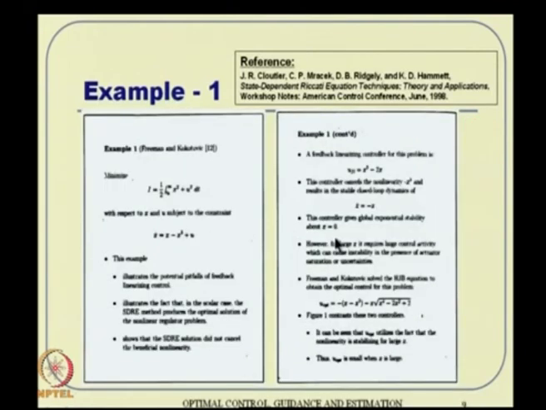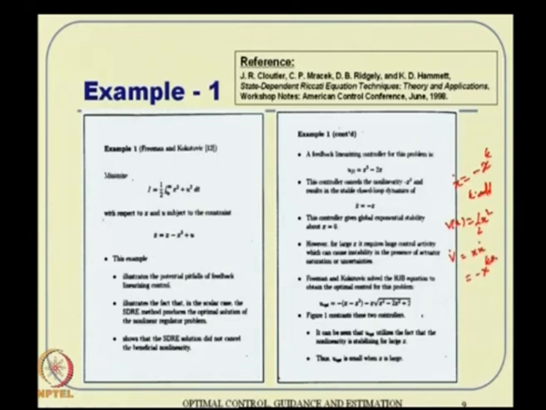Why does it happen? Because this is the system dynamics, x dot equal to x minus x cube. The minus x cube is actually a stabilizing term, because if you take x dot equal to minus x to the power k, and k is odd, then it can be very easily shown that if you take V of x as half x square Lyapunov function, then V dot is x times x dot, which is nothing but minus x to the power k plus 1.